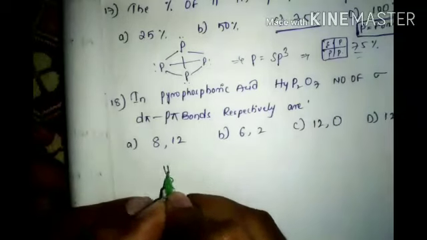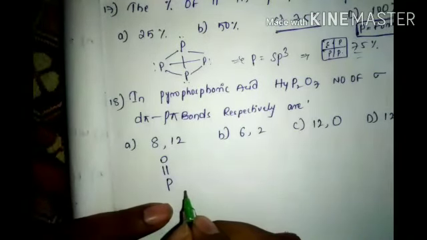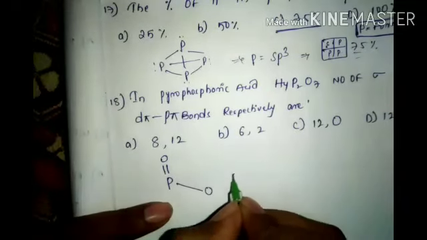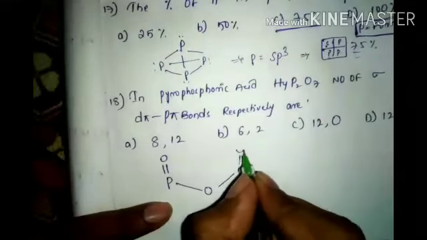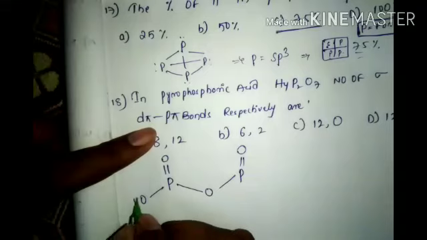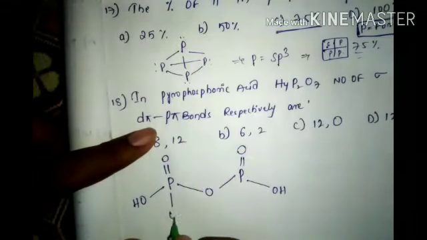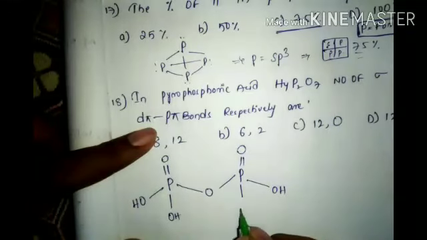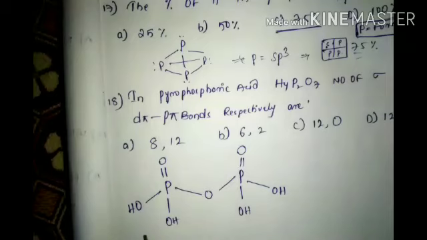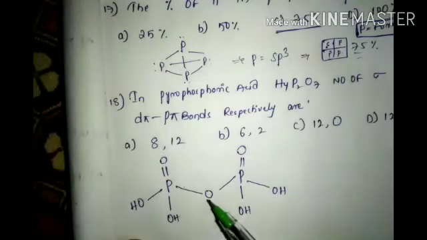P double bond O, P double bond O, P double bond O. Next OH, OH, OH, OH. P4, H4, P2, O7: 1, 2, 3, 4, 5, 6, 7.